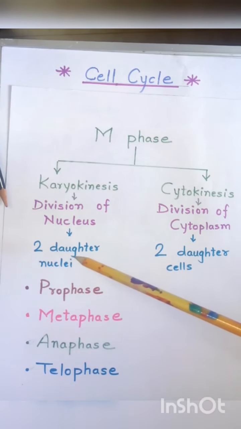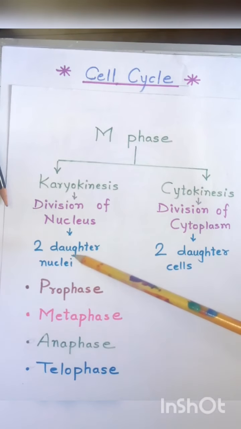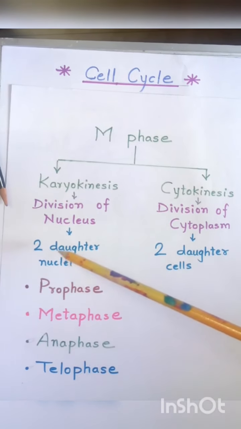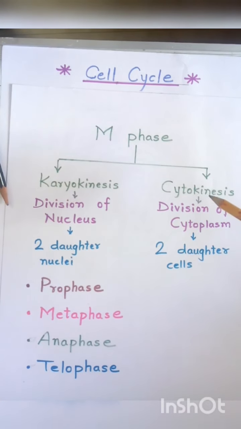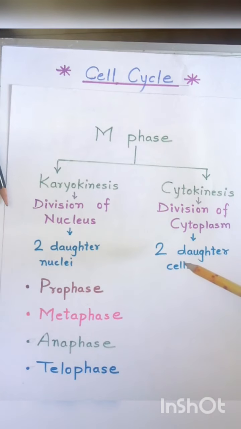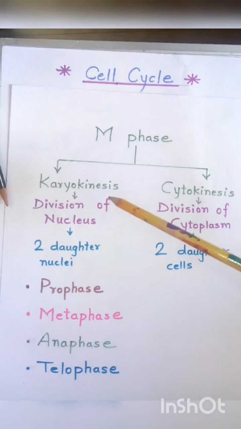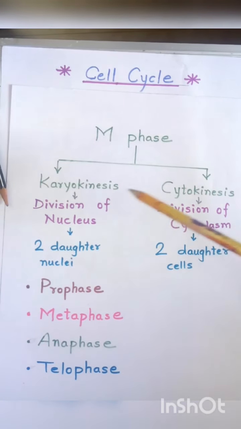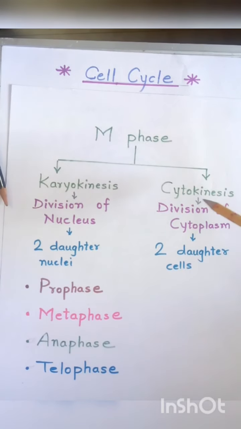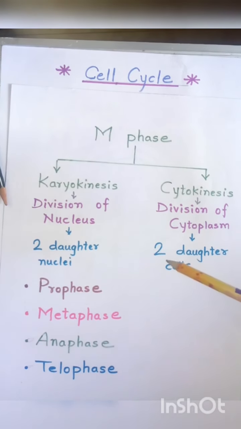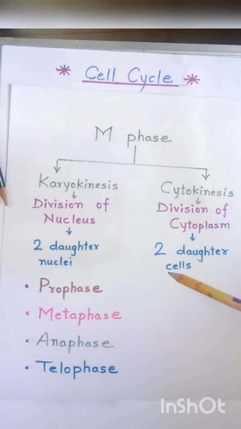That means one nucleus gets converted into two daughter nuclei, and at the end of cytokinesis, two daughter cells will be formed. So during cell division, first karyokinesis will take place, and after the completion of telophase, cytokinesis will take place. And once cytokinesis gets over, a single cell gets converted into two daughter cells.